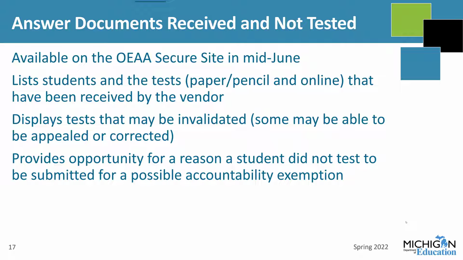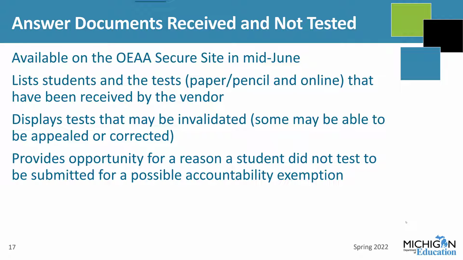The Answer Documents Received and Not Tested screen will display the list of students for whom the testing vendors have received either a paper pencil or an online test. This is the only opportunity for schools to review this listing and to report possible issues that may be able to be resolved before assessment accountability reporting.